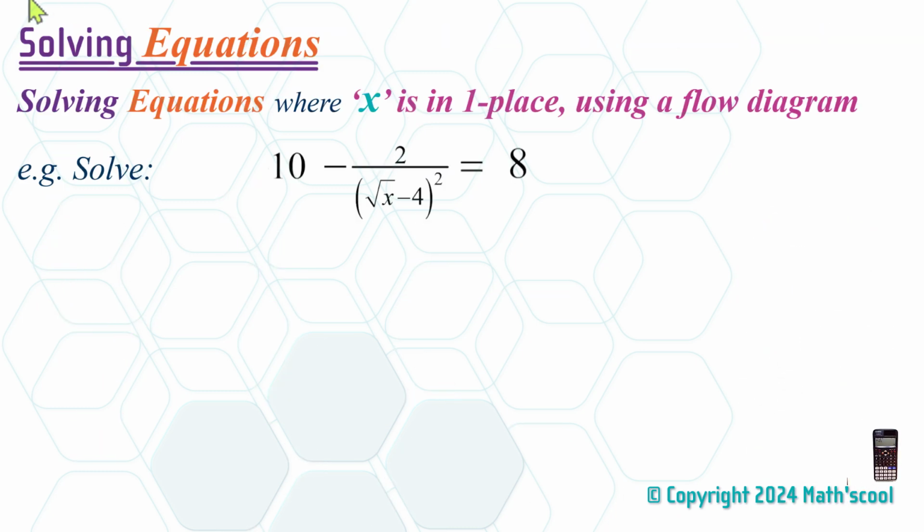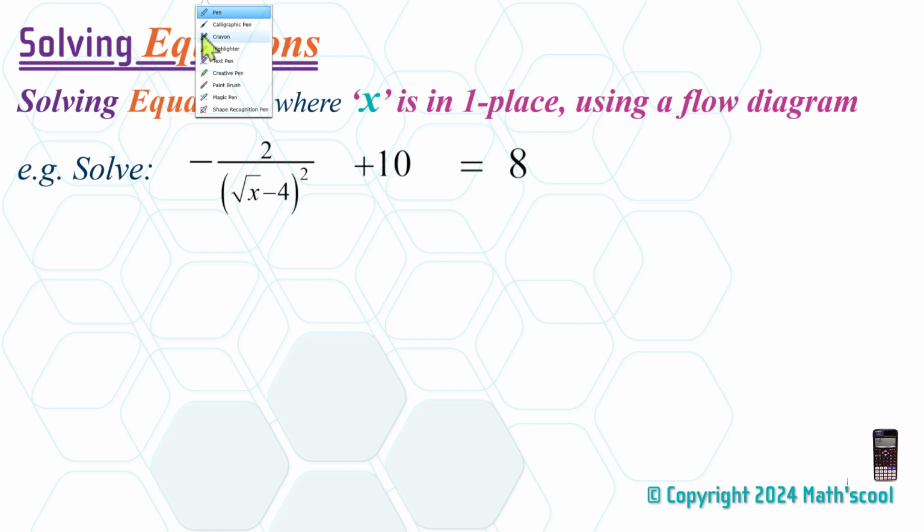Okay, a little bit more messy still again, but same rule as before. This term here, which contains the x, is a negative term. So we should look at swapping them around. So we should bring that to the front and push this one to the end. And then it's easy for us to write our flow diagram.